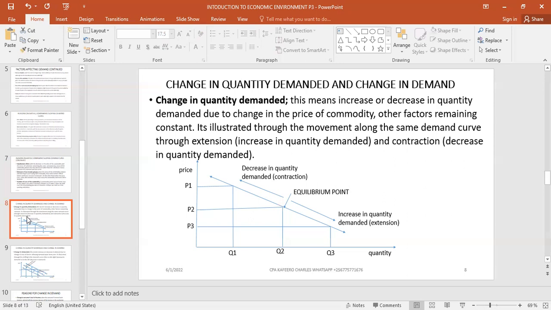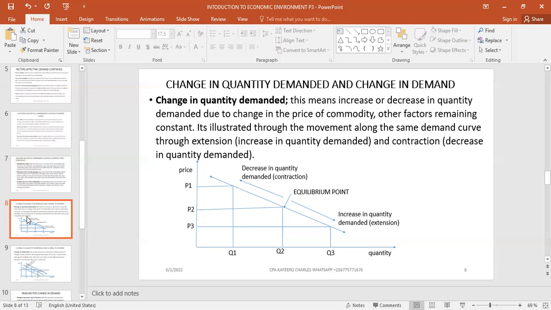Then we illustrate it. Its illustration is that it is shown by an increase or decrease, or a movement along the same demand curve. There is a movement between the equilibrium point and the actual demand of the commodity.